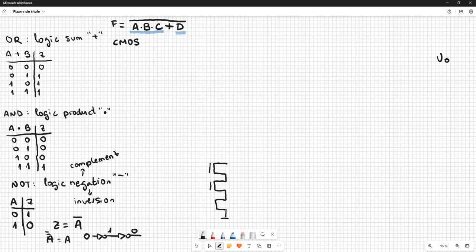So here we have 3 NMOS transistors that are going to be connected to the 3 inputs. Input A, input B, and input C.